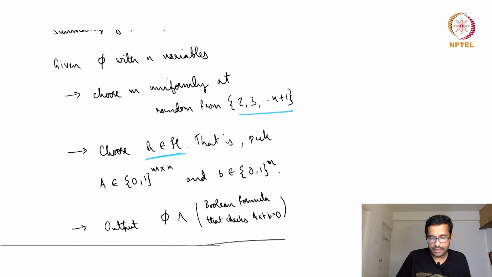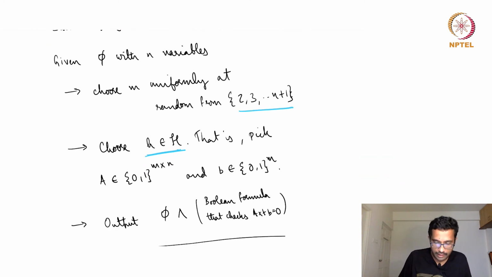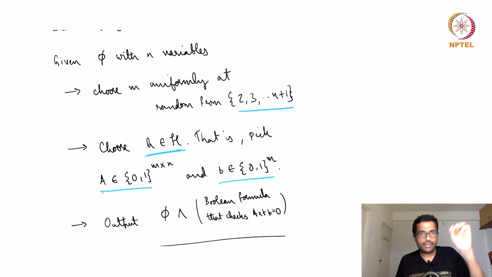That means we need to choose capital A and small b, which requires mn plus m random bits. Then you output the formula phi, the same as what was input, and a Boolean formula that checks whether Ax plus b is equal to 0. The Boolean formula will have the same n variables x1 to xn, and it will check whether Ax plus b equals 0.